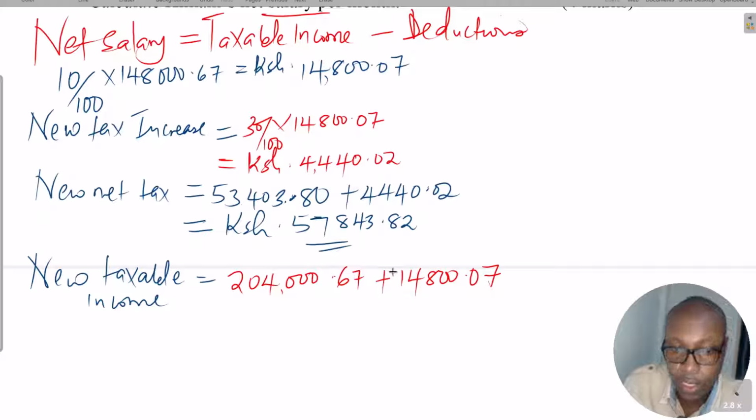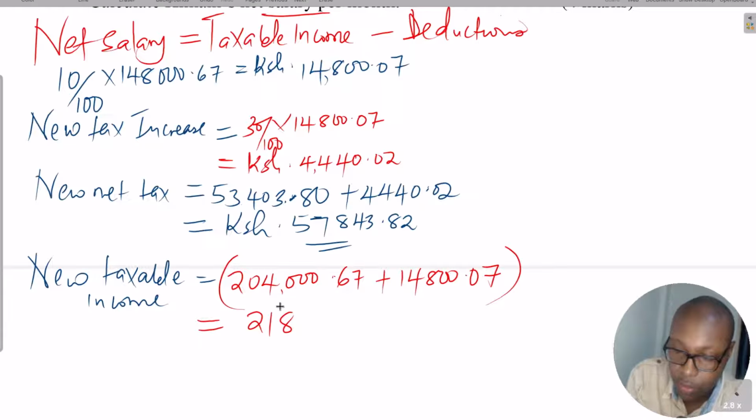Because to get the taxable income, we take the basic salary plus all the allowances. And since the basic salary was raised by 14,800, it will affect the taxable income. That is why we're adding these. So after adding these, you get the new taxable income to be 218,874 cents.